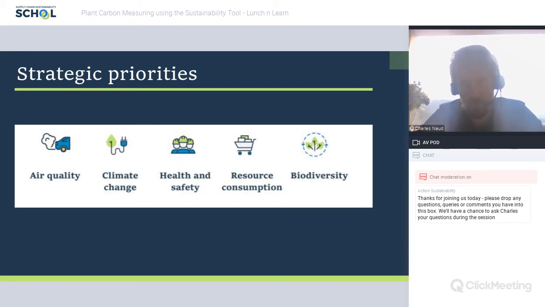Resource consumption. So the main resource you use here is oils and lubricants for machinery. So you need to understand, well, what impact is that having, and how can you reduce that as much as possible through your use of plant and equipment. And finally, sort of linked to that is biodiversity.